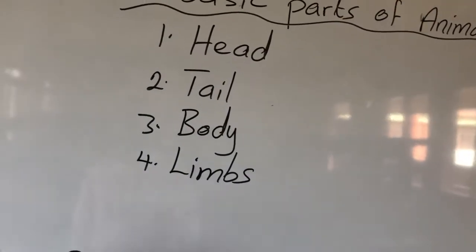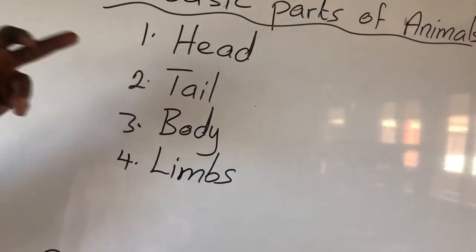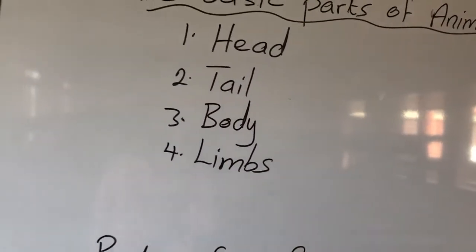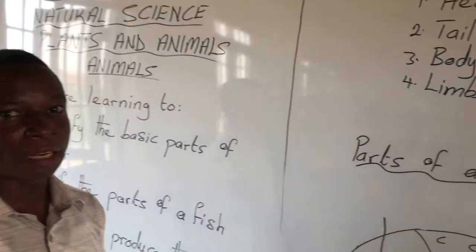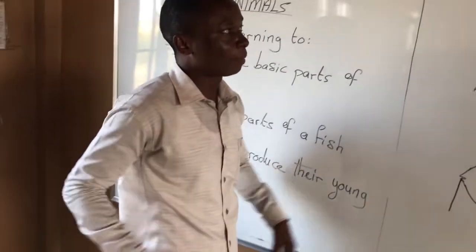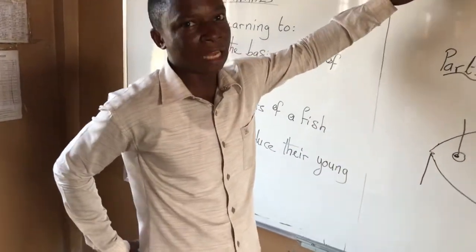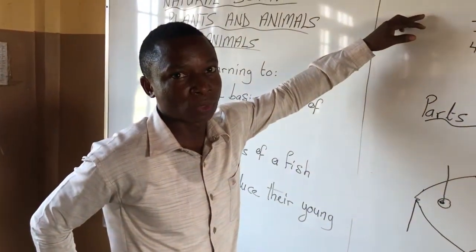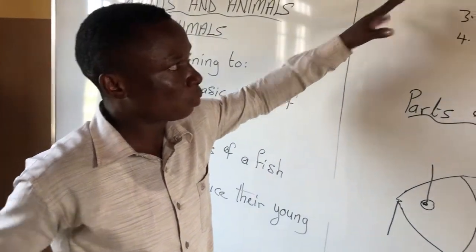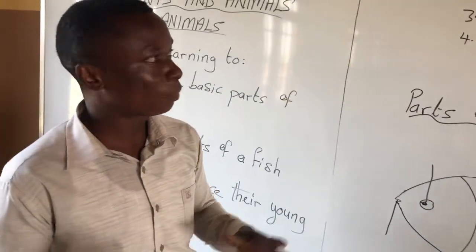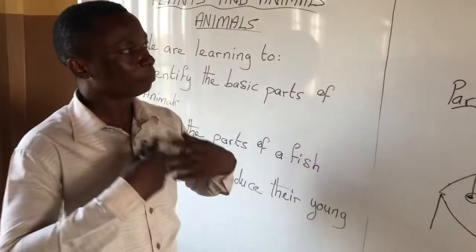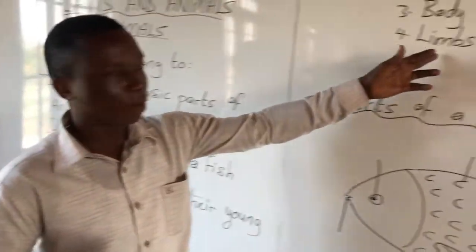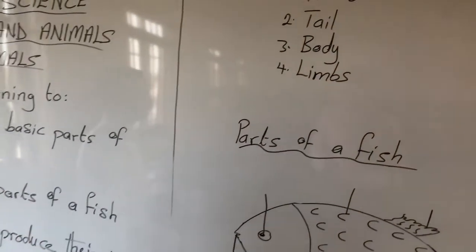The tail is specifically found on the lower side, at the upper side of the bottom, the anus. Then we have the limbs, which involve the legs and the hands of the animals.